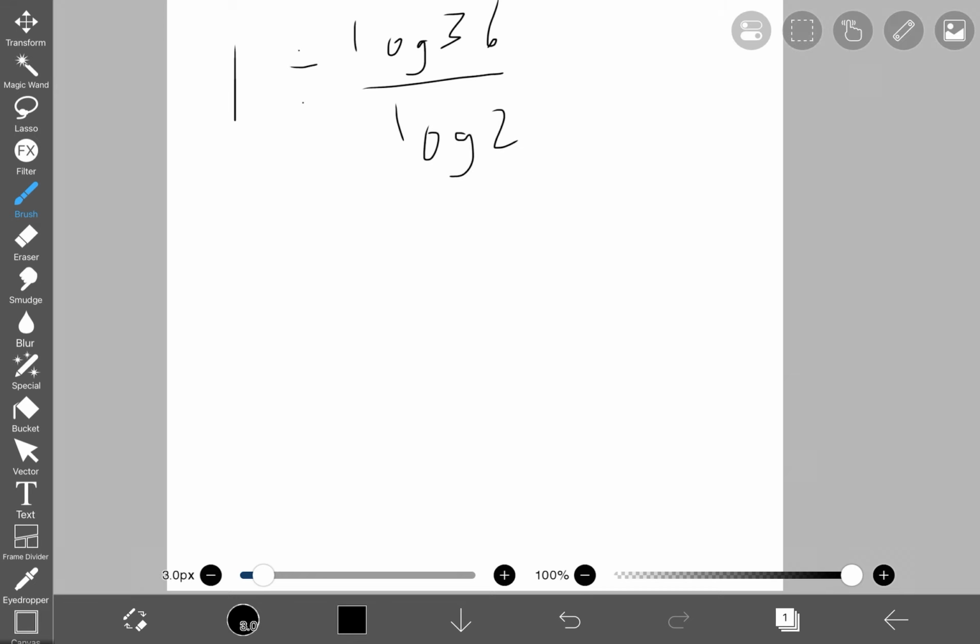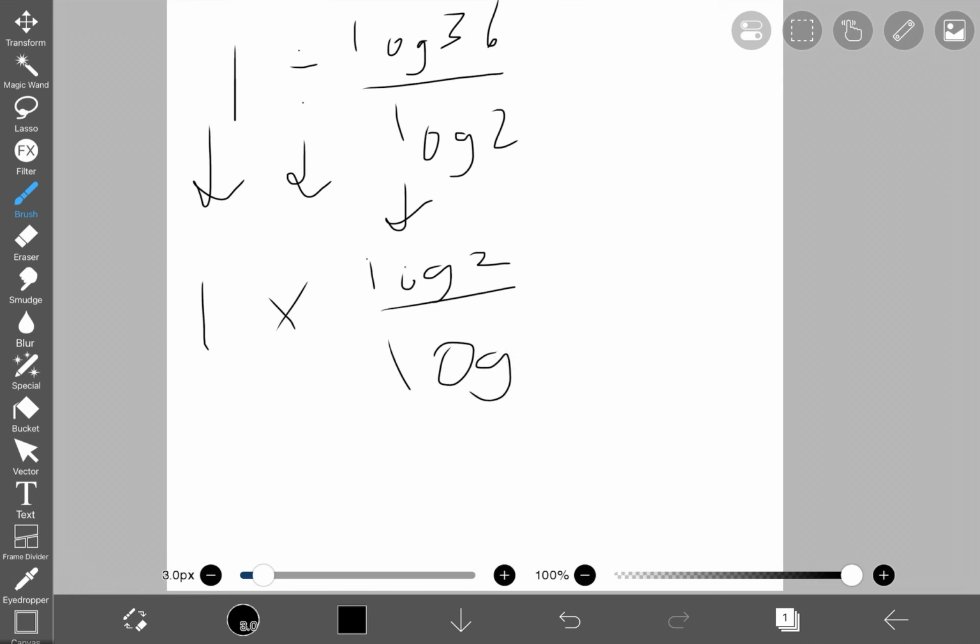What we're going to do is keep, change, flip. We're going to keep this, change this, and flip this. So it's actually going to be log 2 over log 36. I'm sorry that the drawings aren't great, but I'm trying my best. And you're just going to get this number right here because 1 times any number is itself, right?